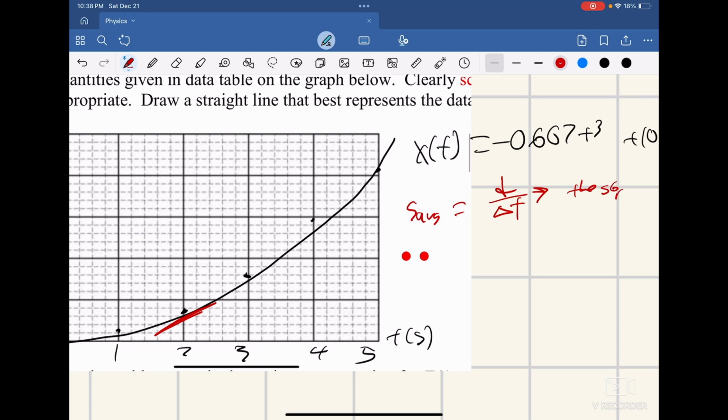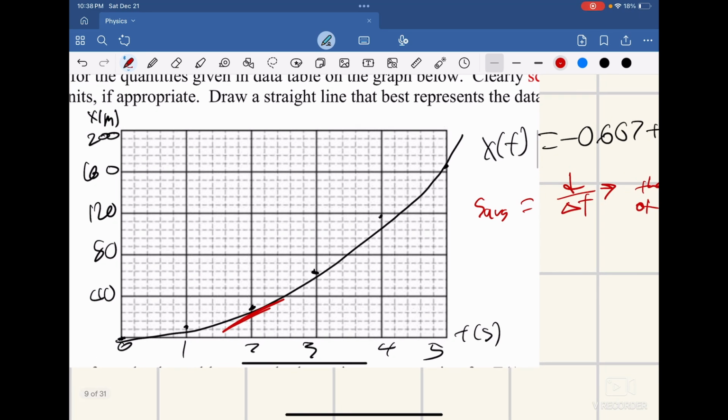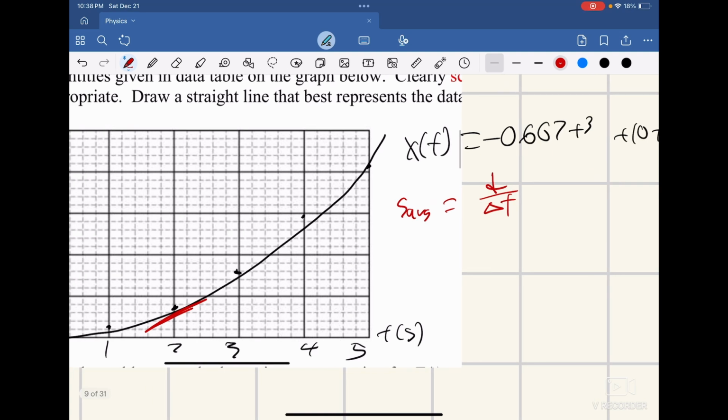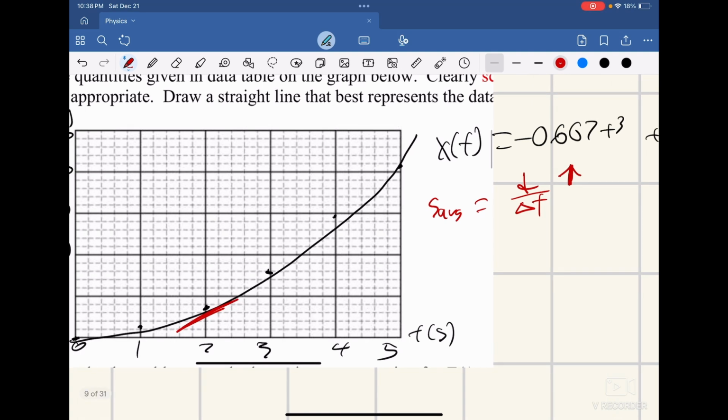What we know about S average is that as d increases, the S average will increase.